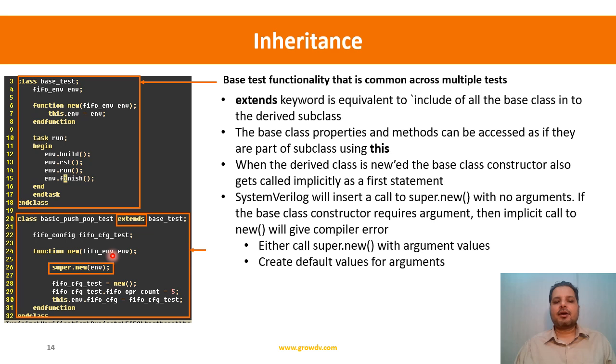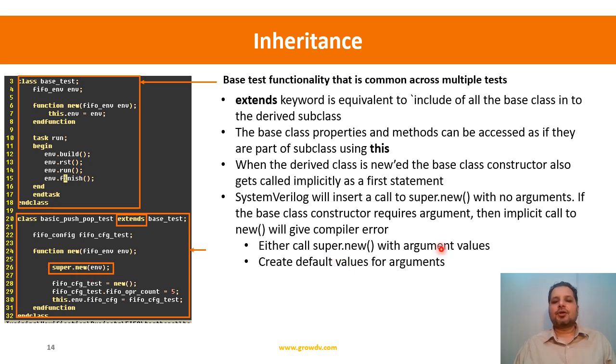If the base class constructor takes arguments and you want to pass values to it, then you cannot rely on an implicit constructor call. You have to call it explicitly, and typically you want to initialize your base class properties before you initialize your derived class properties. So if you are passing any arguments, you need to call super.new explicitly.